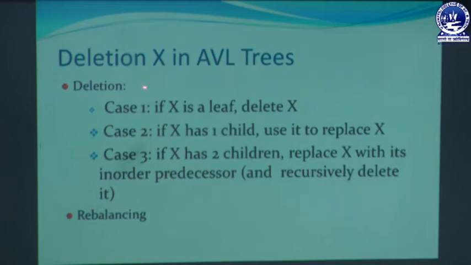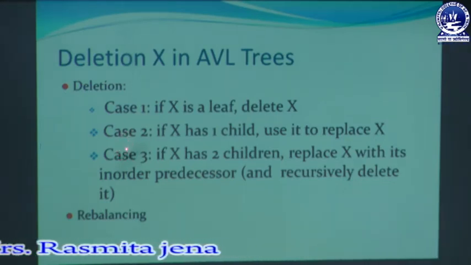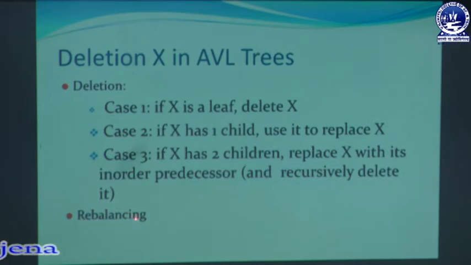So, when we perform deletion operation in AVL tree, these three cases may arise, and after performing them, we must perform the rebalancing step if the tree is unbalanced. Otherwise, if the tree is balanced, then we will go for the next step. So, let us see briefly each and every case of the deletion operation.